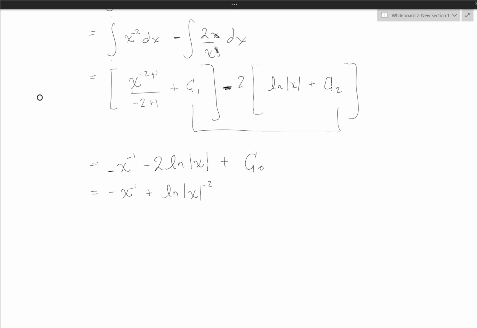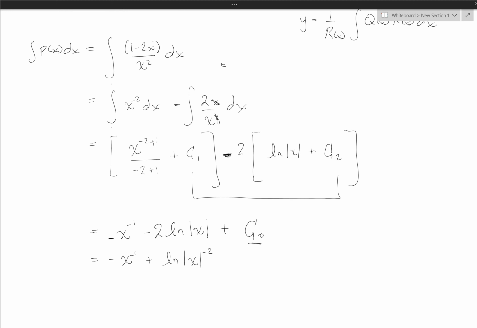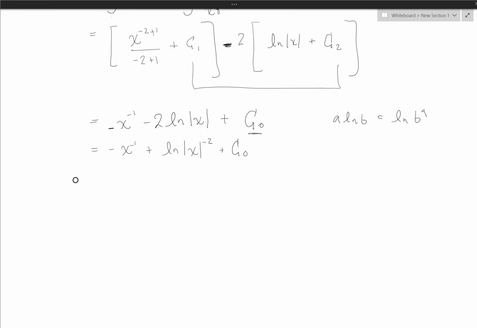Okay, and this is going to be a constant. Let's just leave it for a second. I'll show you what I mean. Sorry, this negative 2 is, so a ln b is equal to ln b to the a. Okay, so a here is negative 2. Okay, let's go and see what we have here. So let's move this up. All right, so what do we have? This is the integral of px dx.